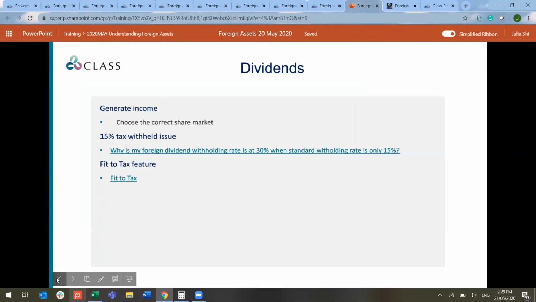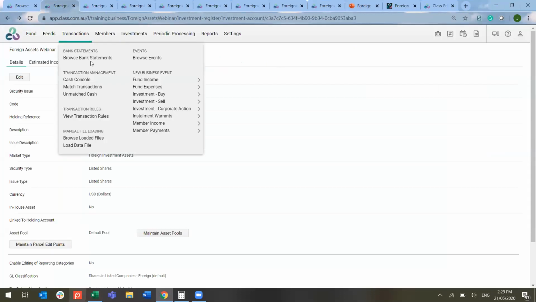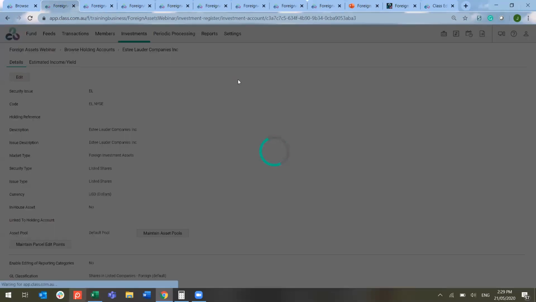With buy and sell, there are actually 2 dates on that particular event. I'll show you how they are different, using a listed security acquisition event. Go into transactions, investment buy, and then listed security acquisition.